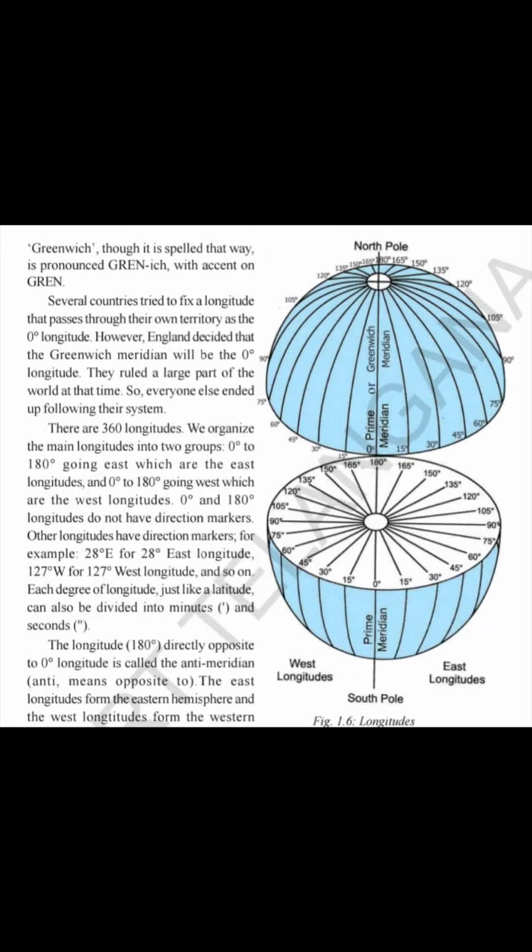So here children, remember longitudes are 360 degrees, whereas latitudes are 180 degrees. East longitudes are 180, west longitudes are 180. Altogether we have 360 degrees of longitudes.